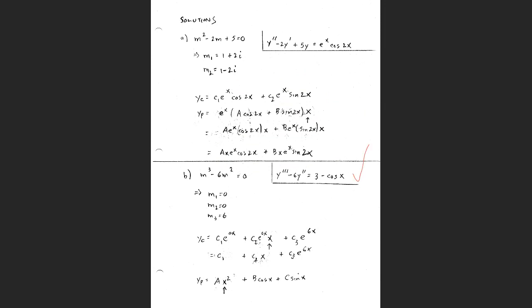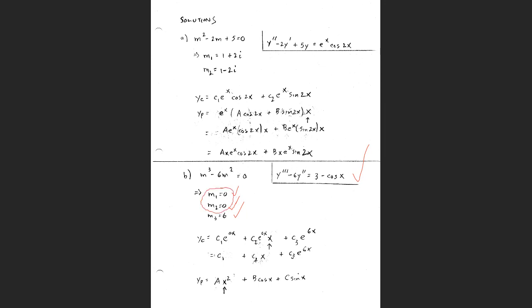And using the MATLAB program, you wouldn't need it really for this, but your auxiliary equation is m cubed minus 6m squared equals 0, and your 3 roots are here. And so now you get your complementary solution. But look at what you have here. You have a repeated root.